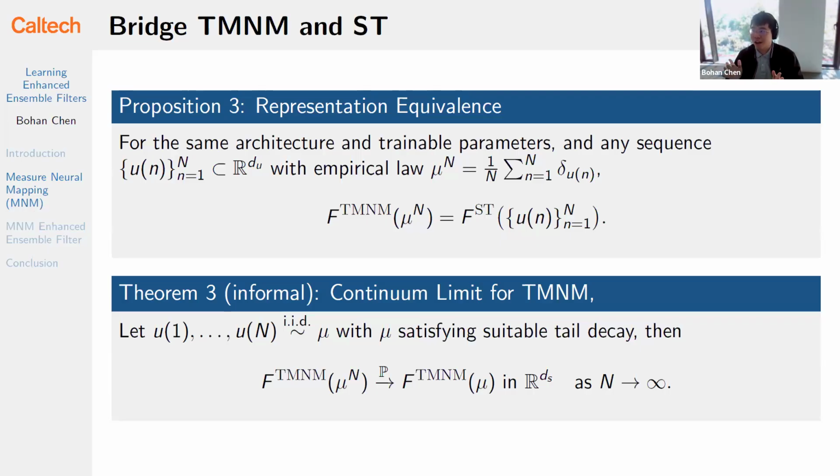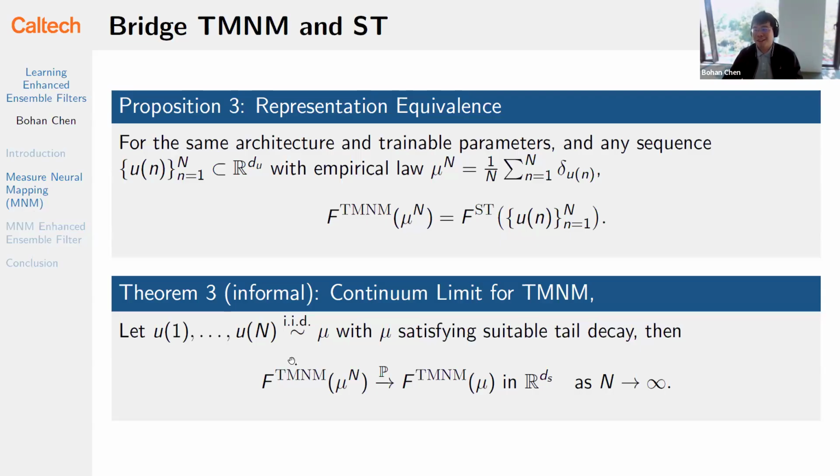We can imagine after one attention layer it is no longer IID, because self-attention lets each sample interact with all the other samples. So after one layer it is no longer IID, but this property still holds.